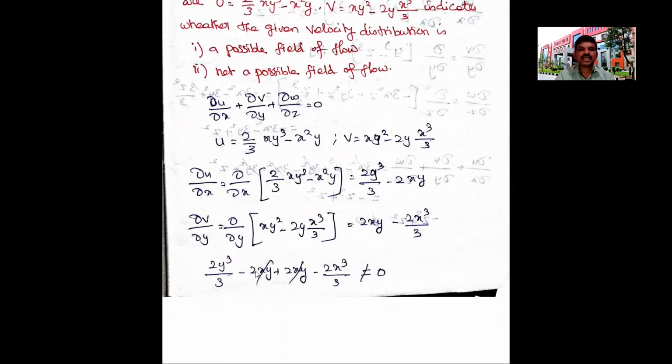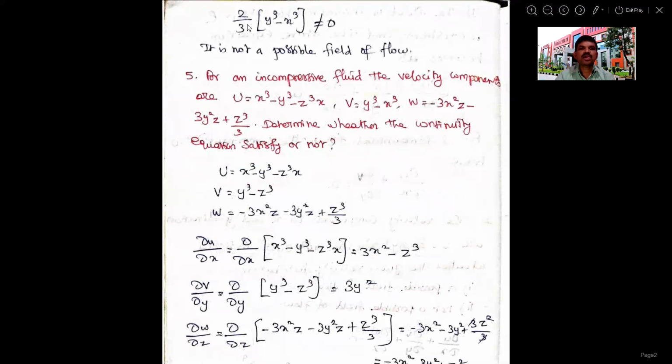The minus 2xy and plus 2xy get cancelled. Now if you add the rest, we can't get 0, because here y cube is there and here x cube is there. So it is not equal to 0. Hence it is not a possible field of flow. So this is the answer.